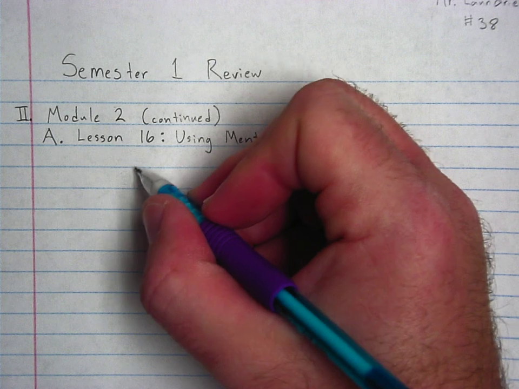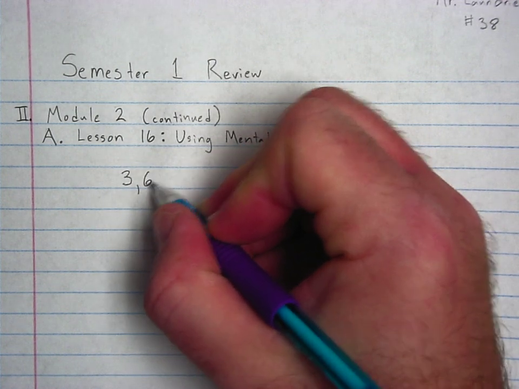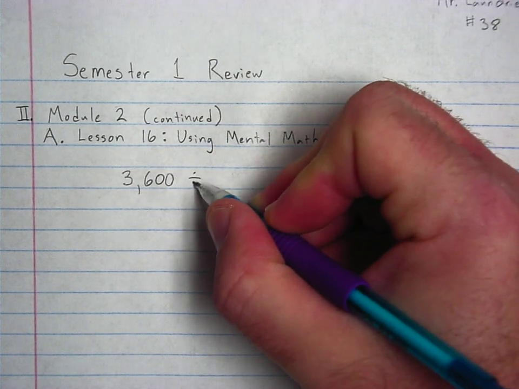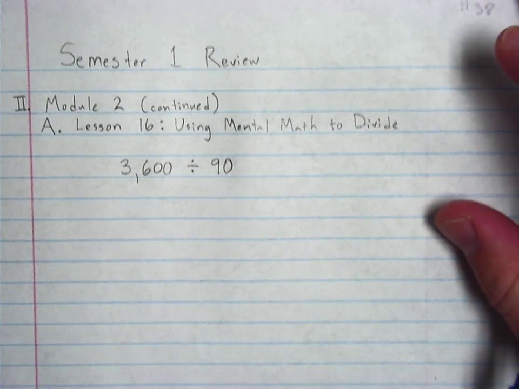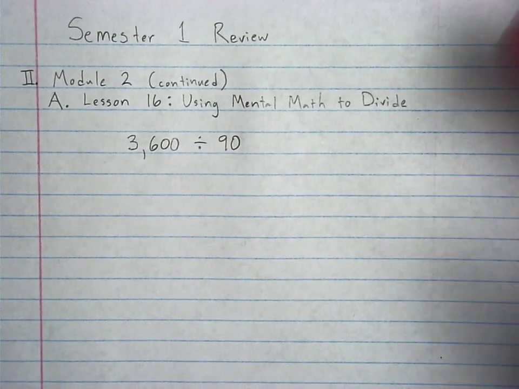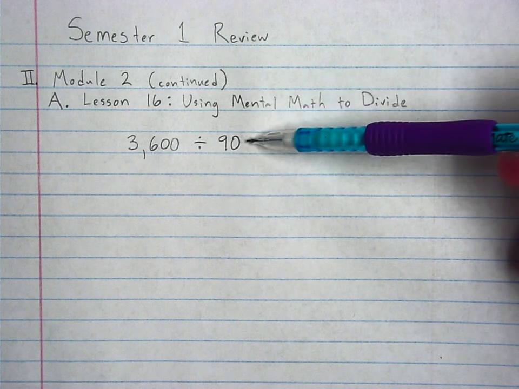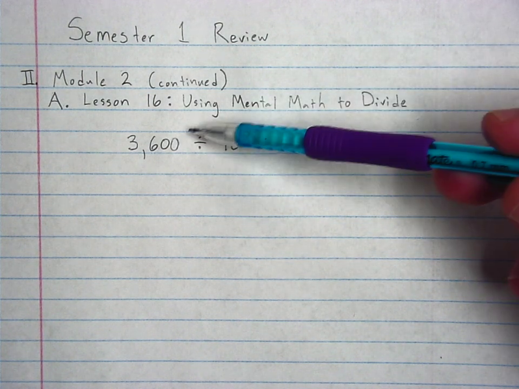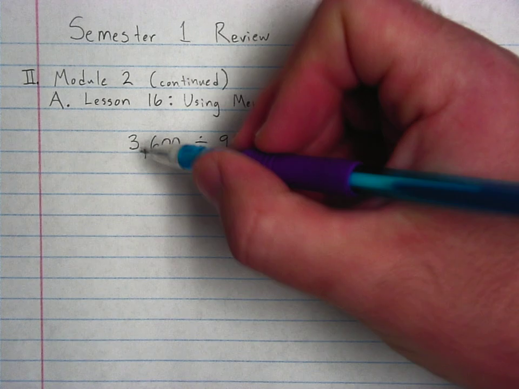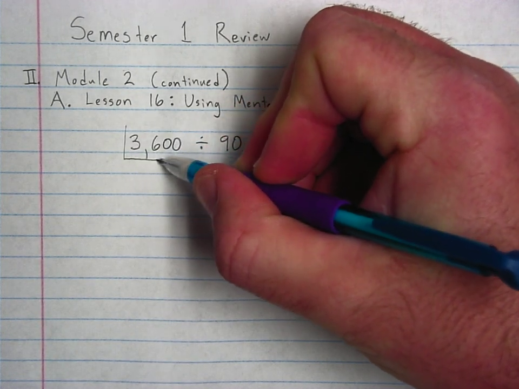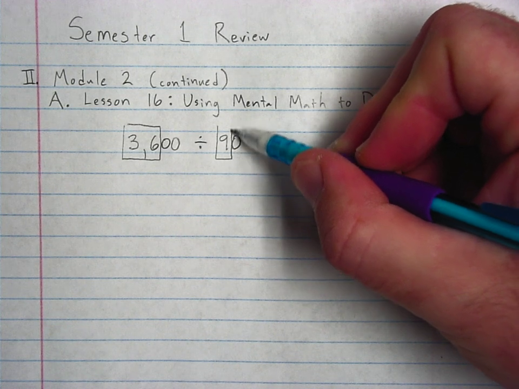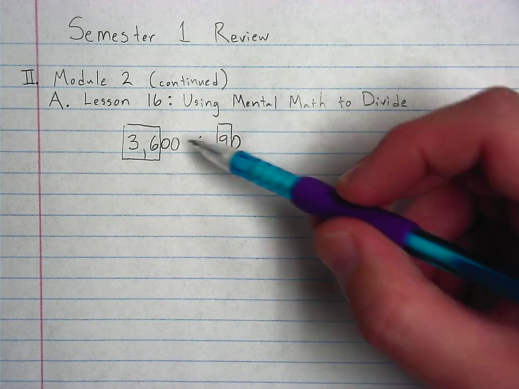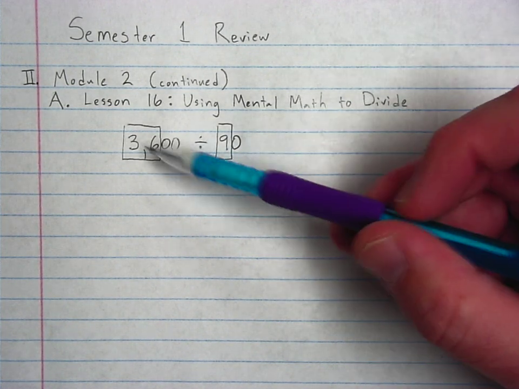If I give you something that looks like this, 3,600 divided by 90, and this is only going to work if we have multiples of 10 like we do here. If we have numbers that end in 0 or zeros, we're going to box up the non-zero digits. Anything that's not 0, we're going to box up, and we keep them together.